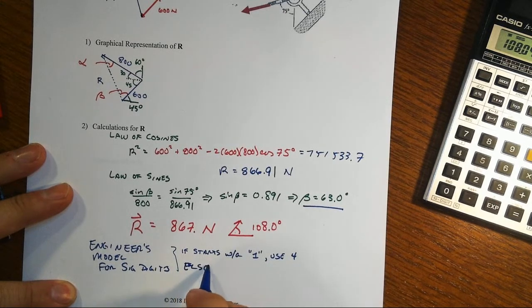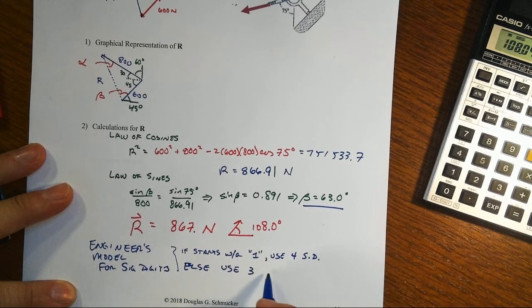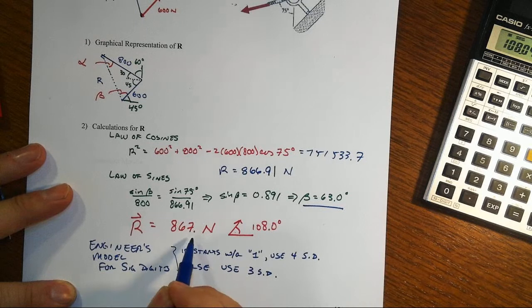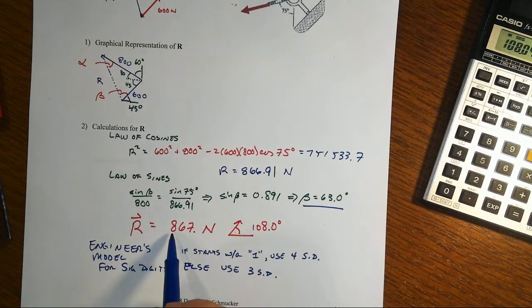Else, use 3 significant digits. So 867 doesn't start with a 1, it starts with an 8, so that'd be 3 digits.